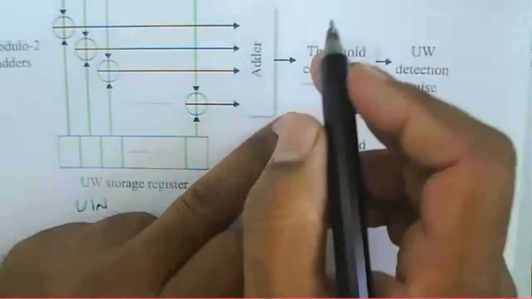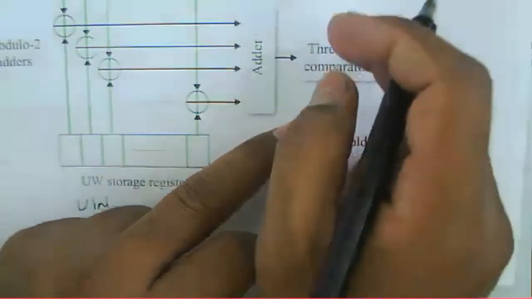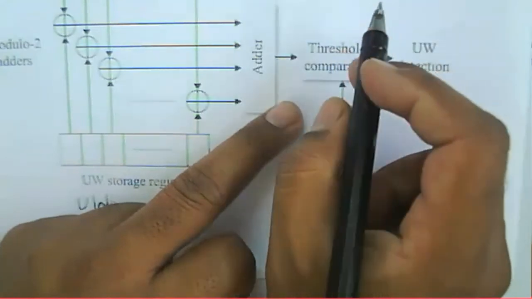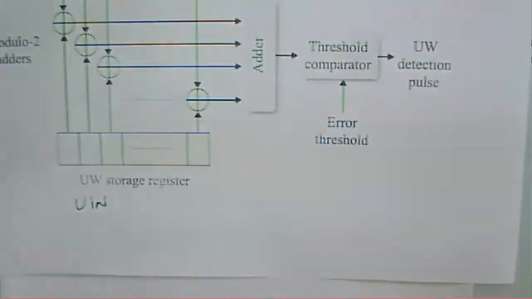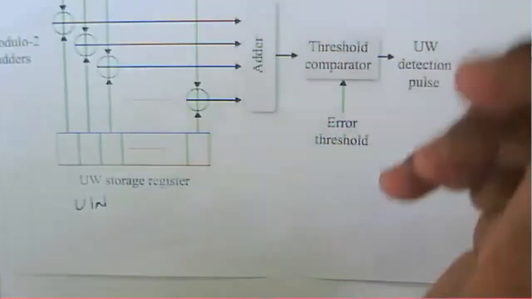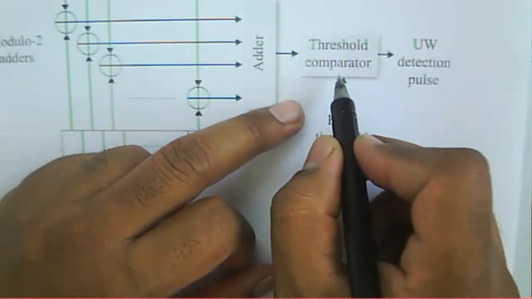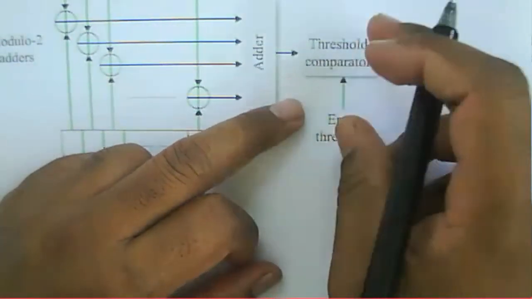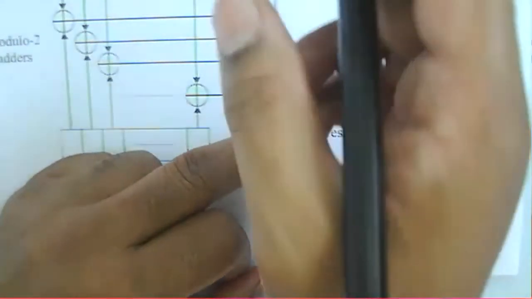So we can minimize the detection misses caused by some particular errors. Those errors have to be tolerated, so we need to adjust some particular threshold here to accommodate whatever errors are there in the unique word pattern.